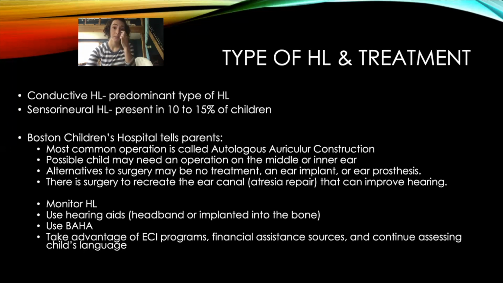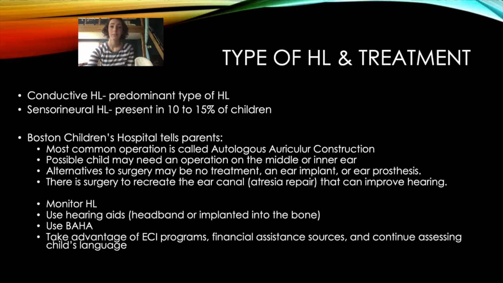And then there's ear prosthesis. So this type of artificial ear is made up from a synthetic material, and it can be attached to the side of the child's head with a minimally invasive procedure. The disadvantages include the need for daily care.